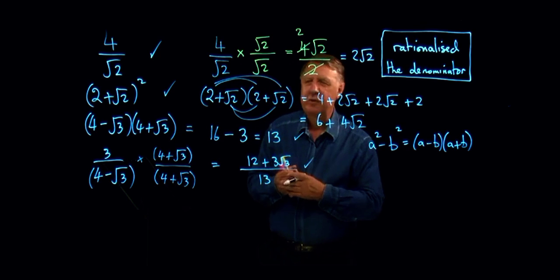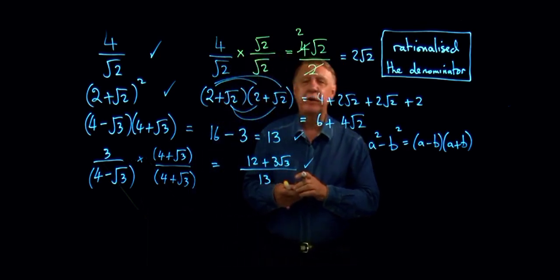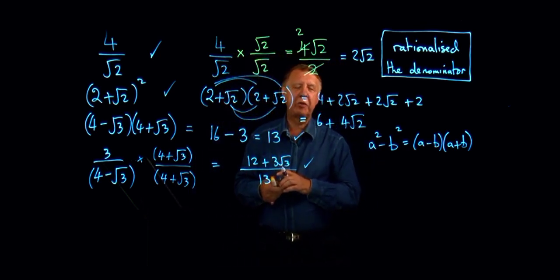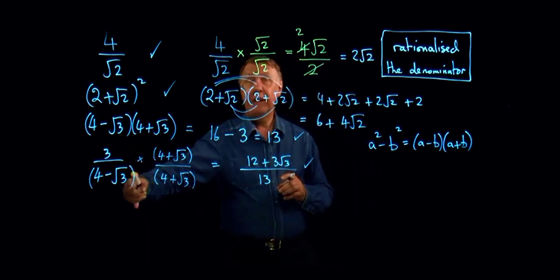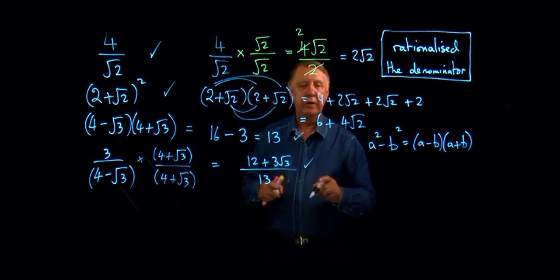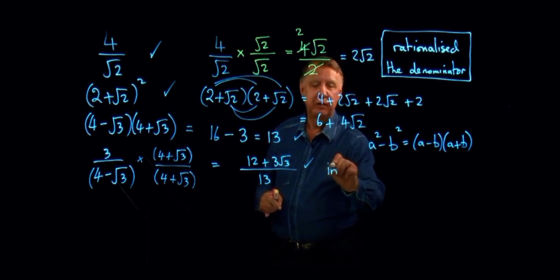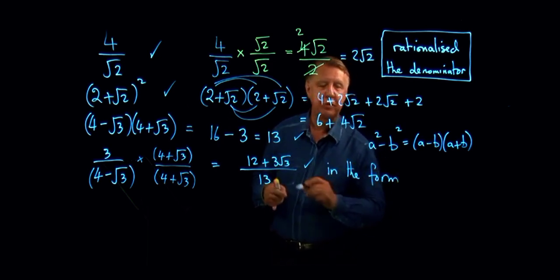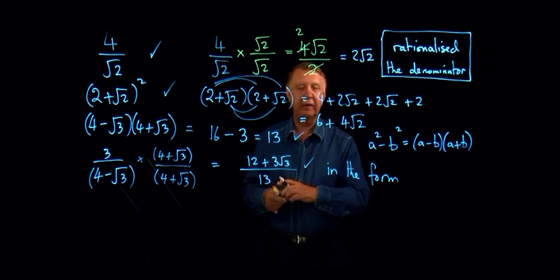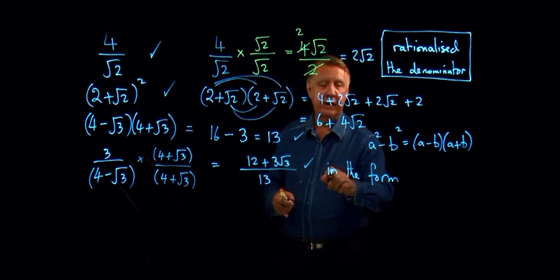But you know what examiners are like. They like to just be a little bit annoying, and sometimes in the question it won't just say work that out, it'll say give your answer in the form. Now, this phrase probably appears more times on exam papers than any other form of wording.